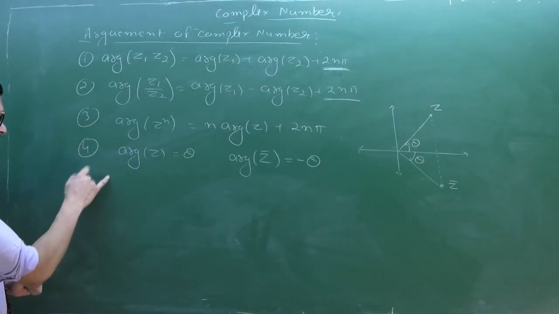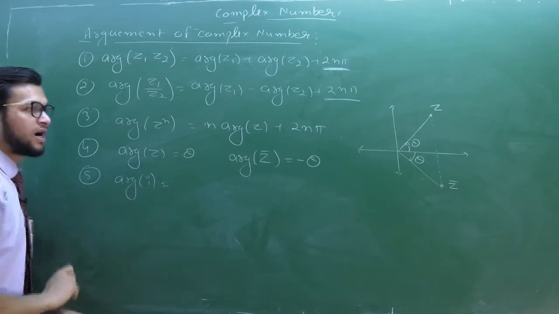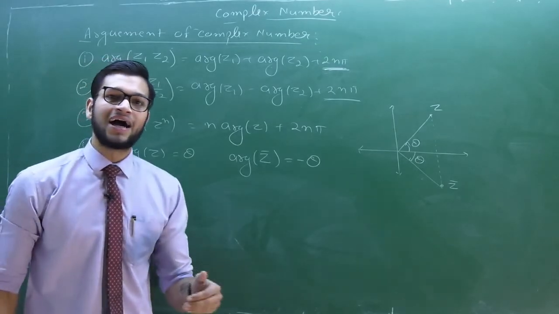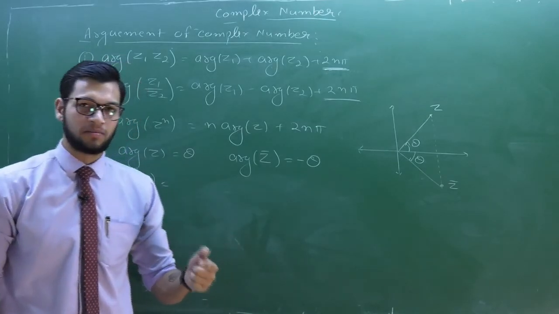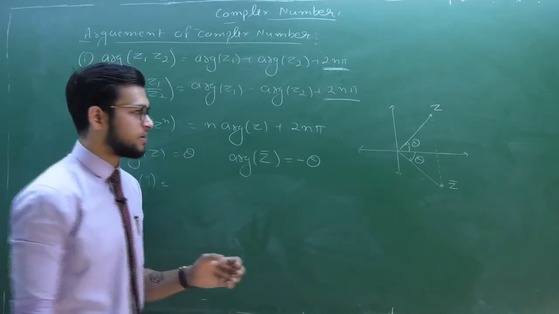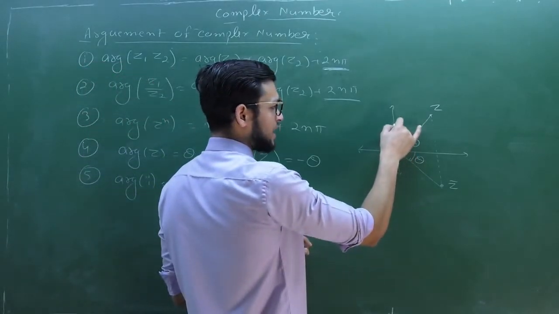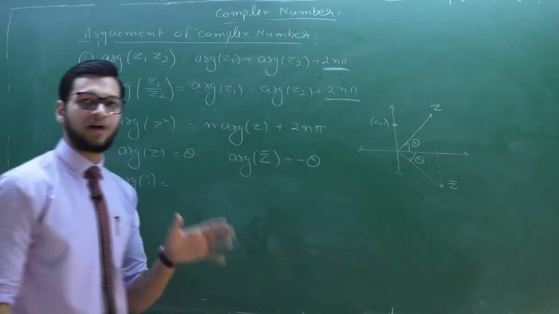Then after, suppose we have argument of iota, or you can say argument of any positive purely imaginary number, which is pi by 2, because iota lies on the y-axis.